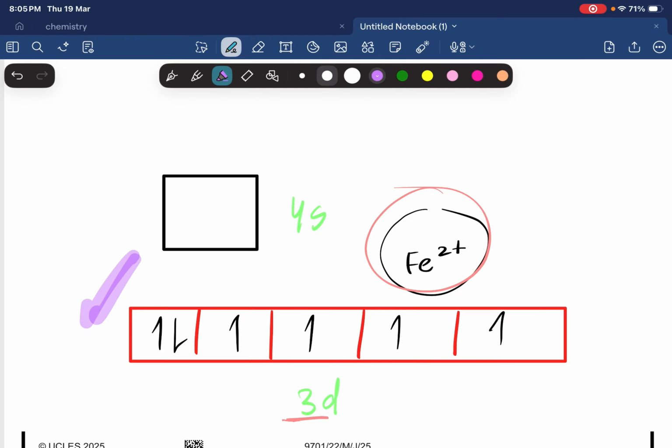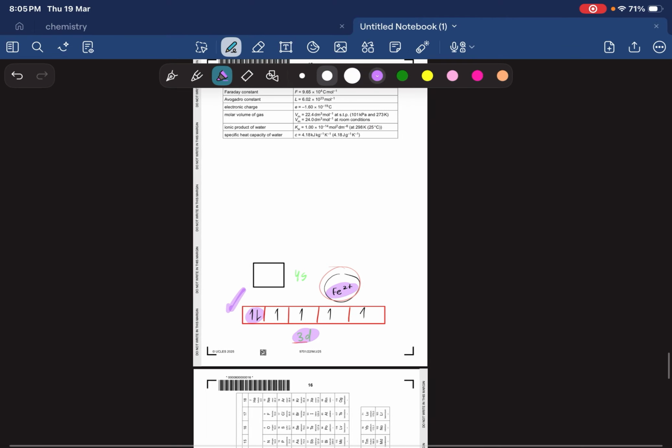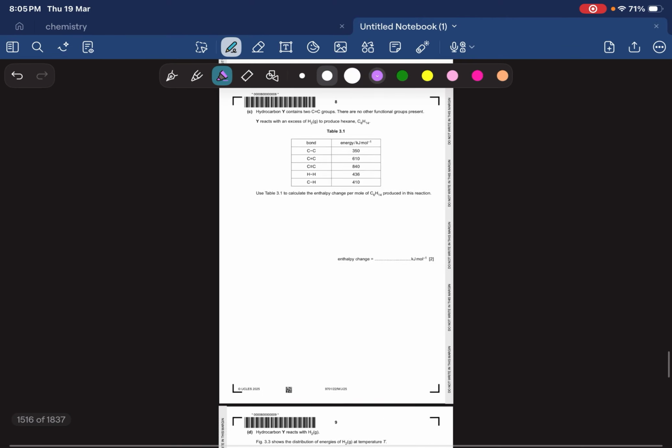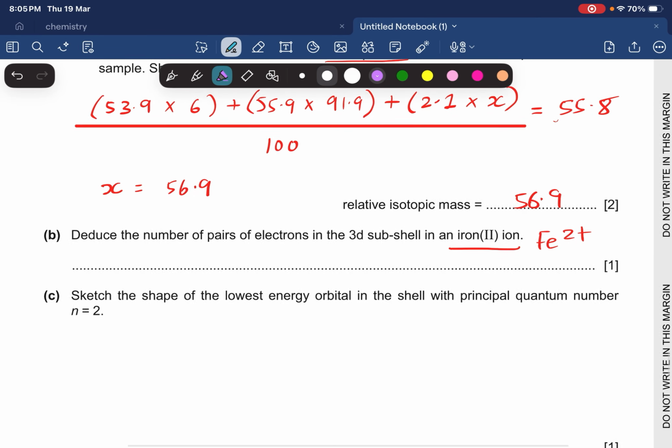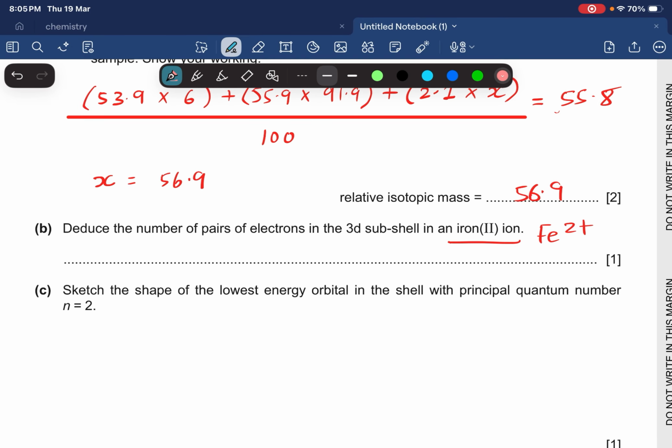So 3d is still going to have 1 pair of electrons. That's 1 pair. And these are the unpaired electrons. So in an iron 2+, the 3d subshell has a total of 1 pair of electrons, because in the 2+ iron ion, the electrons you're taking out, you're not taking them from the d subshell, you're taking them from the s subshell. So 1 pair. Hope that clears things up.